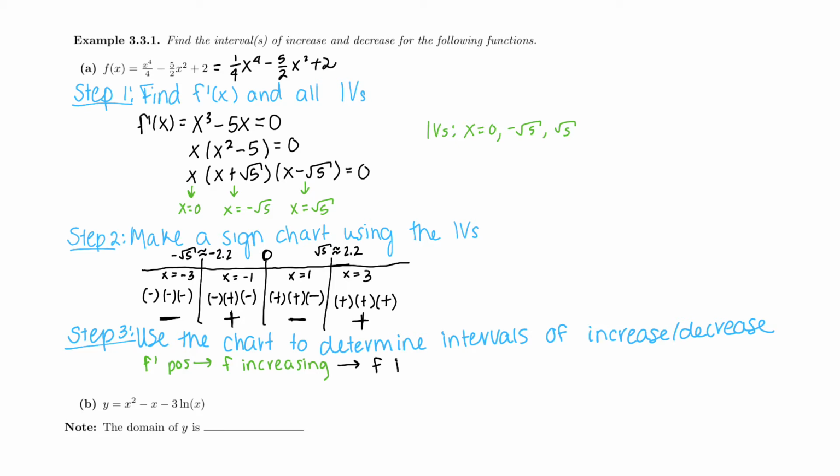So f is increasing on these intervals where it is positive. And we're always going to do open intervals. So it's increasing on negative square root 5 to 0 and square root of 5 to infinity.